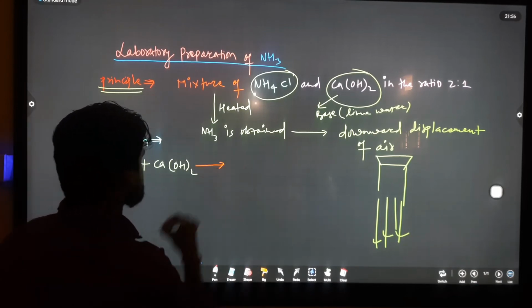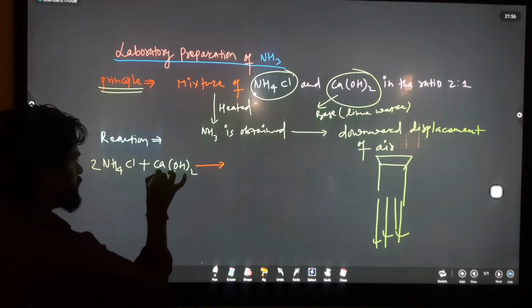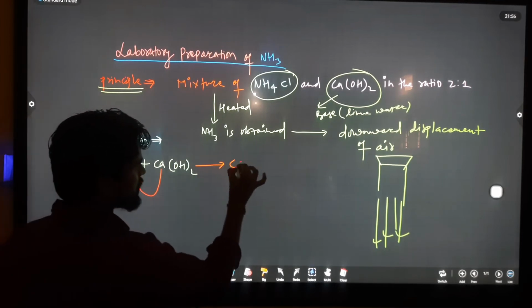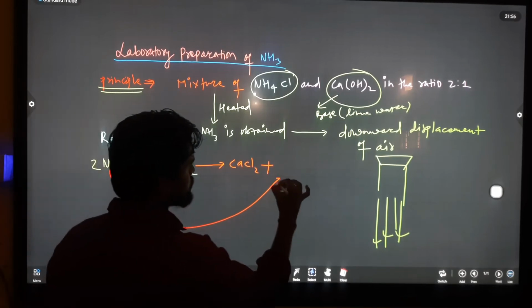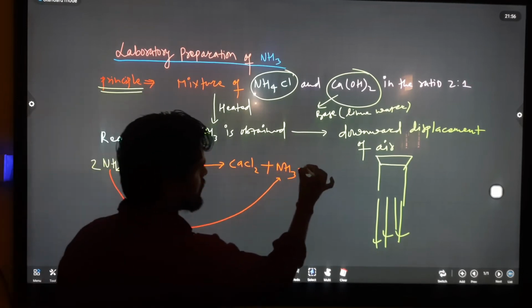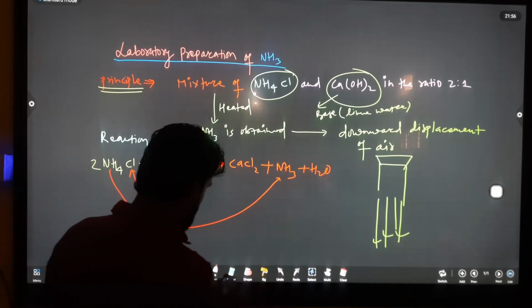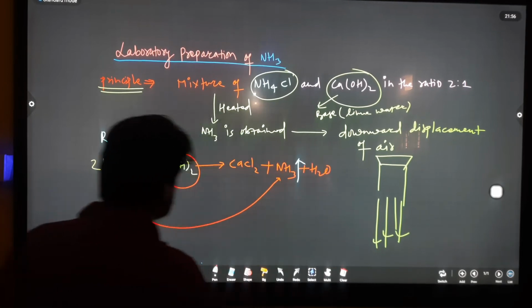So what are the products? Calcium reacts with Cl, so it gives CaCl2, plus ammonium gives ammonia, and the remaining OH gives water. Ammonia you have to show with an upward arrow since it is a gas.